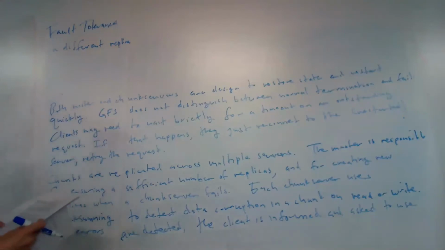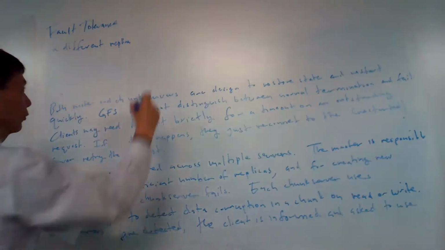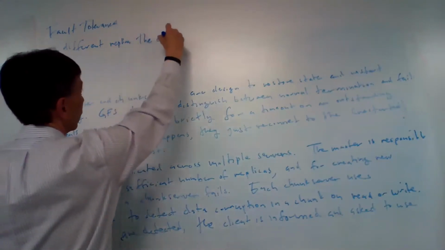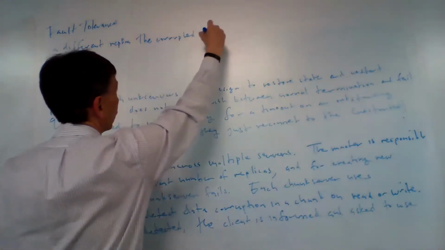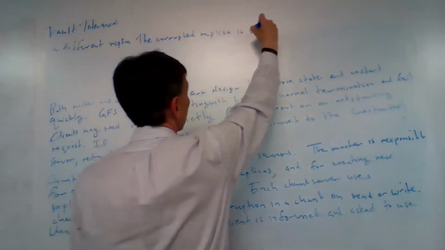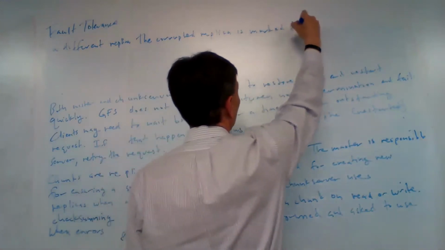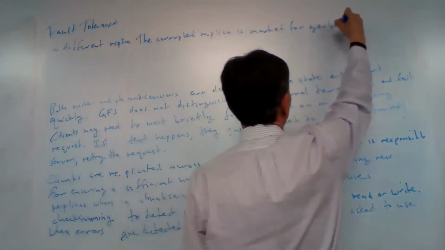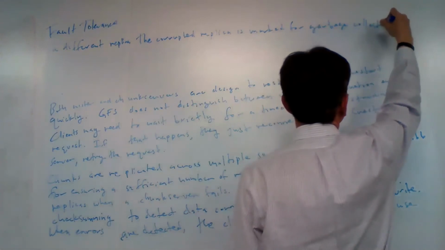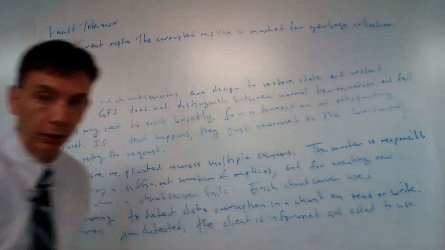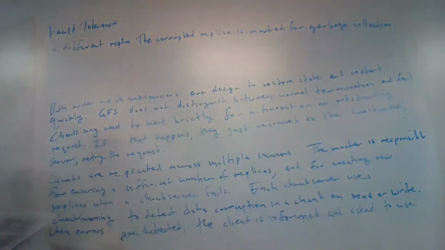Okay. And the corrupted replica is marked for garbage collection. So no attempt to correct it. We just say something's wrong here, get rid of it. Okay. And so the master during the heartbeat will recognize, okay, that replica has been garbage collected, so I need to create a new one. It will create a new one somewhere, and on it will go.